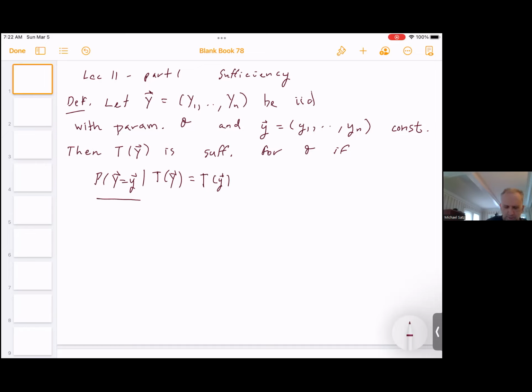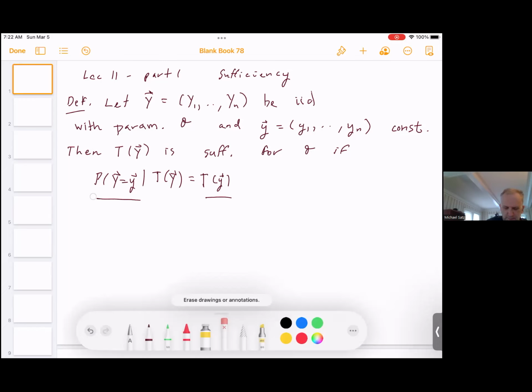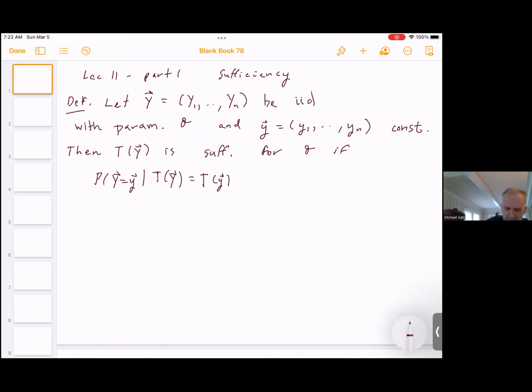So probability the sample is equal to these particular numbers, given that the statistic is equal to this number. This is what we want to compute next. This is not dependent on theta. So this is the definition.